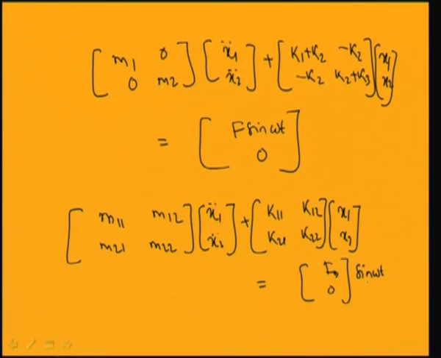So you can assume for this case that both x1 and x2 are oscillating with the same frequency omega. So you can assume a solution in this form. For steady state, you can assume x1 and x2 equal to capital X1, X2 times sin omega t.